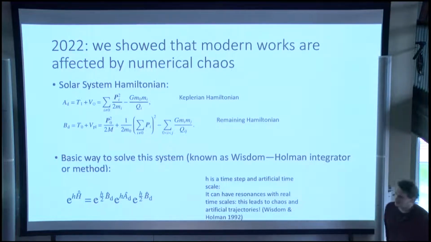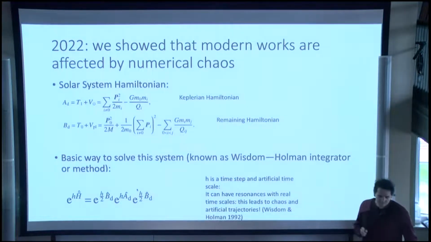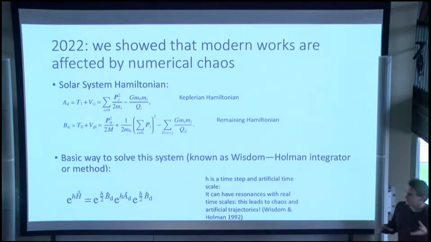This is what Laskar and Gastineau used, and basically what every modern author uses, or some variation of this. It's very powerful because this is also symplectic, which means that such a method respects the symmetries of Hamiltonian dynamics. Phase space volume and other higher dimensional volumes are conserved.